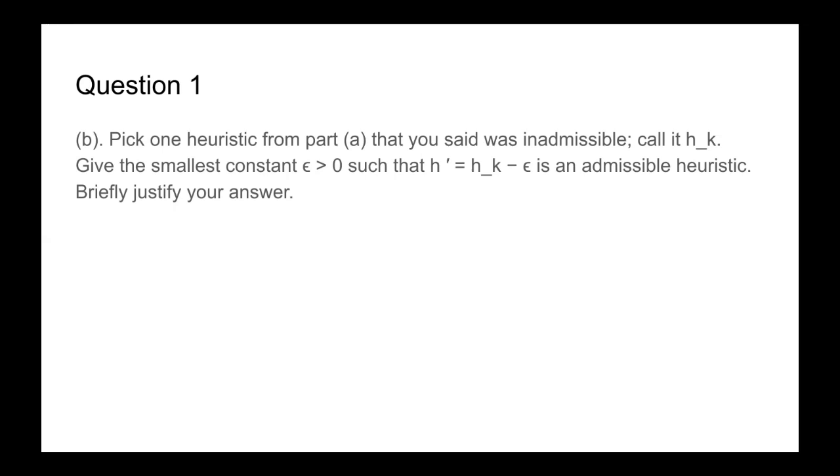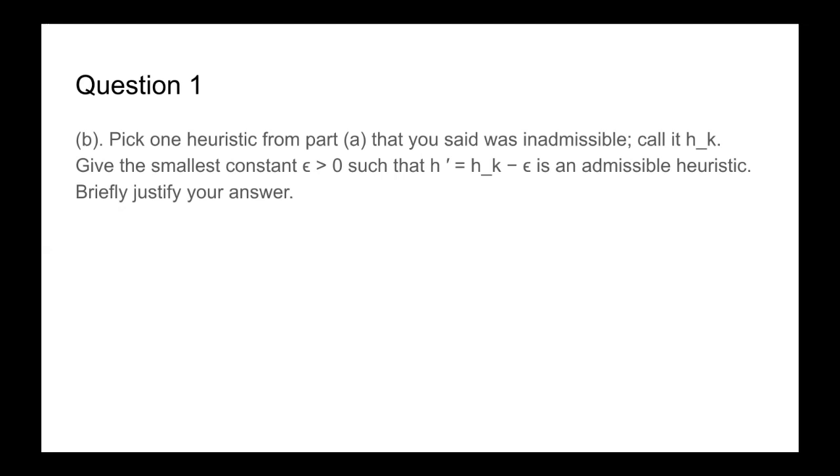What this means is that we want to subtract a constant value from our inadmissible heuristic, and there exists a constant value for all states, for all heuristic values, such that we can convert that heuristic, H3, to be admissible.